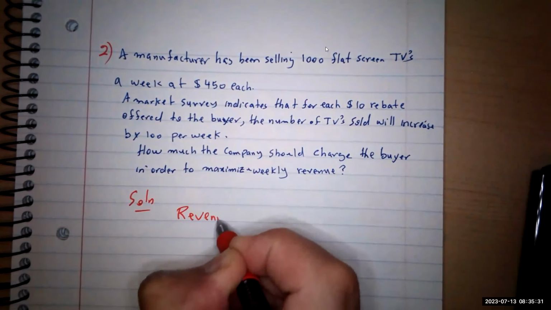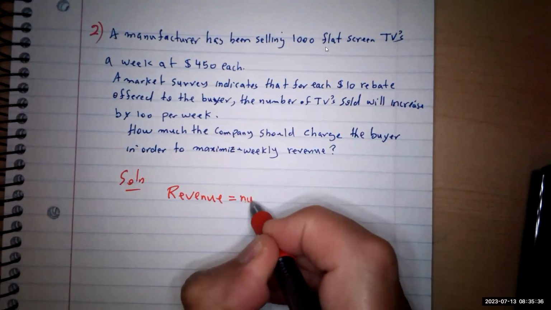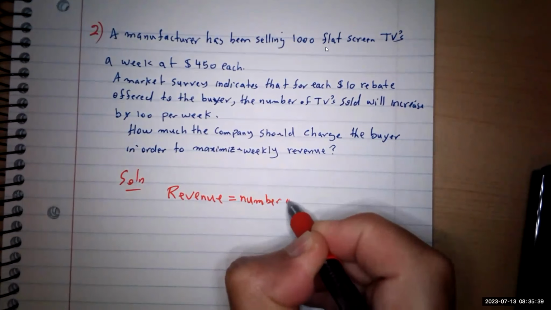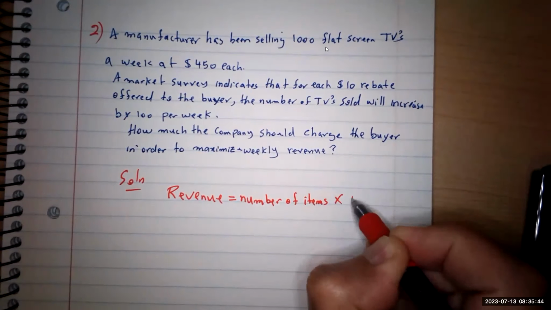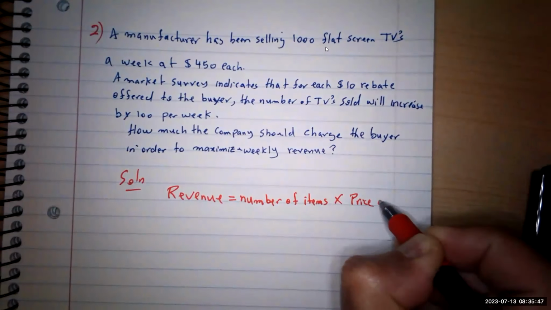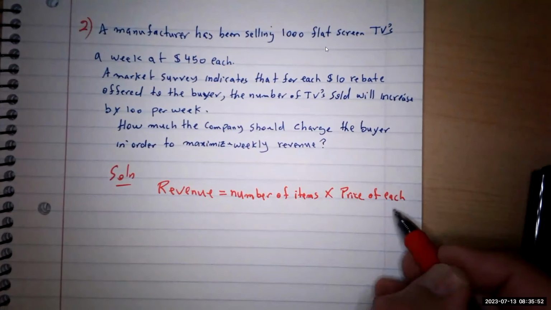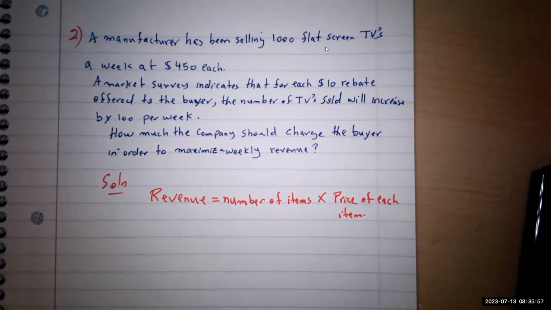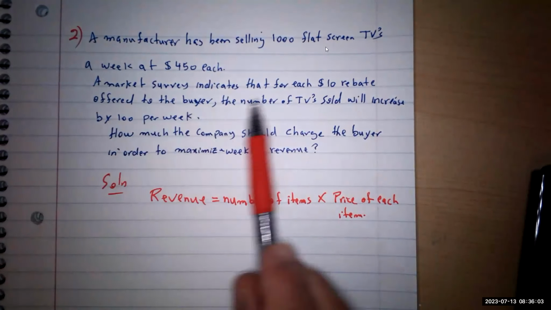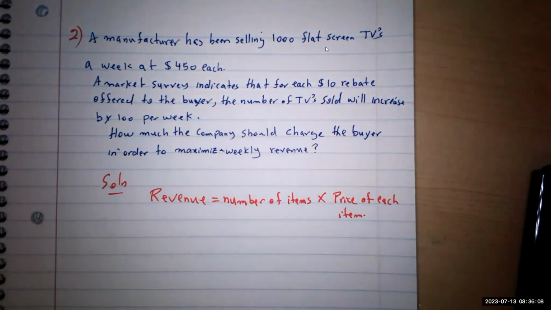Revenue is equal to the number of items that you sell times the price of each unit or item. That's the revenue. Originally it is 1,000 times 450, but you are going to have a new revenue. The new revenue depends on how many times we are going to offer the rebate.